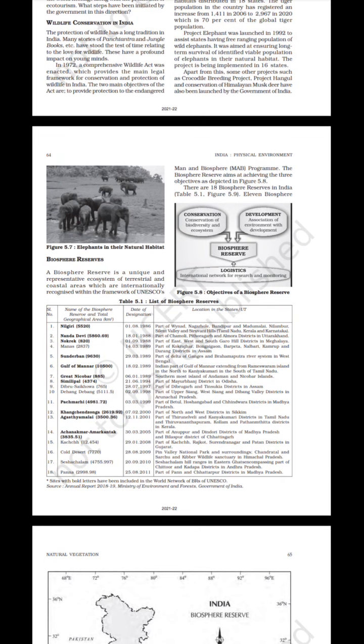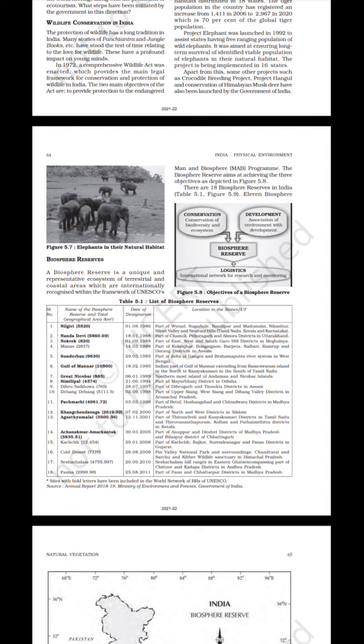Nilgiri, 5520. Date of designation 1/8/1986. Part of Wayanad, Nagarhole, Bandipur and Mudumalai, Nilambur, Silent Valley and Siruvani Hills, Tamil Nadu, Kerala and Karnataka. Nanda Devi, 5860.69. 18/1/1988, part of Chamoli, Pithoragarh and Almora districts in Uttarakhand.